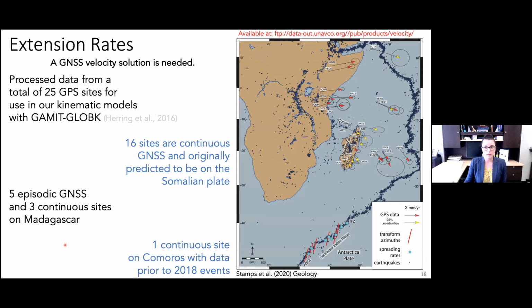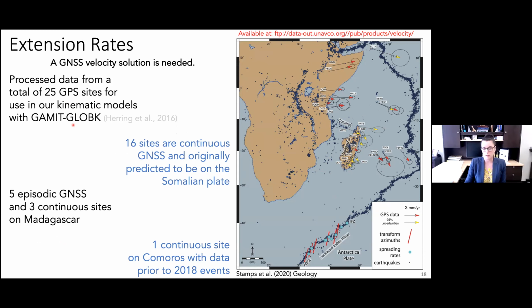So this is a map of a recent velocity solution that I published in 2020 or 2021, depending on which reference you look at. But in red are stations that have been used previously, but we have extended the time series. In yellow are new stations or new data that has not been used previously.